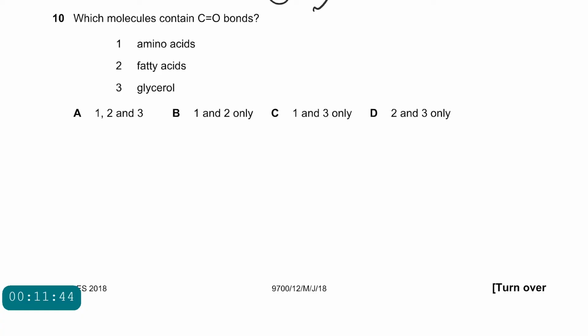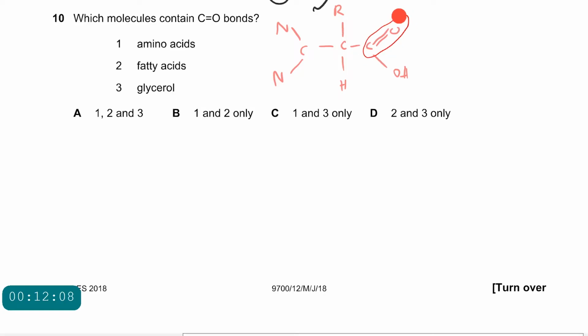Question 10. How many molecules contain C double bond O bonds? For amino acids, let's just draw out an amino acid. So here, you can see a carbonyl group.